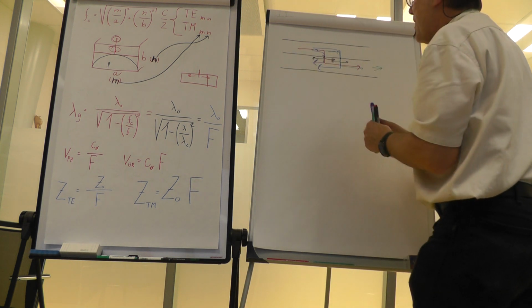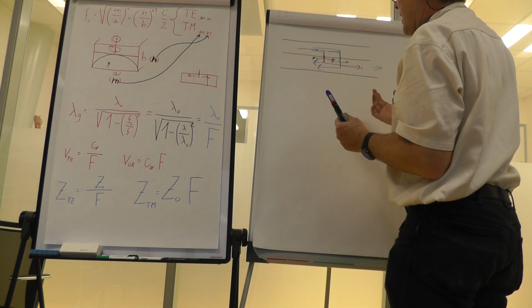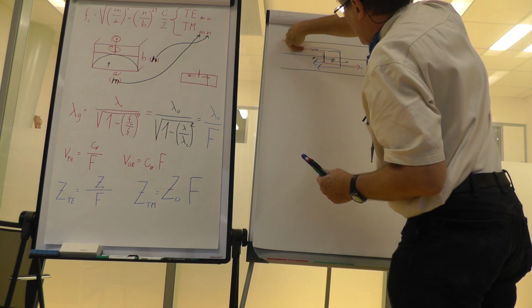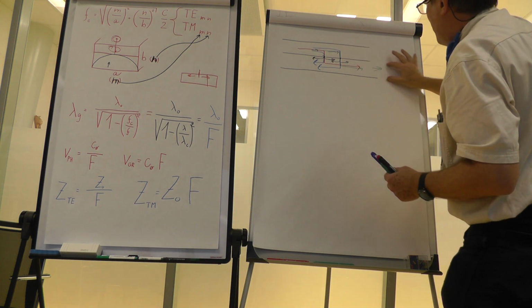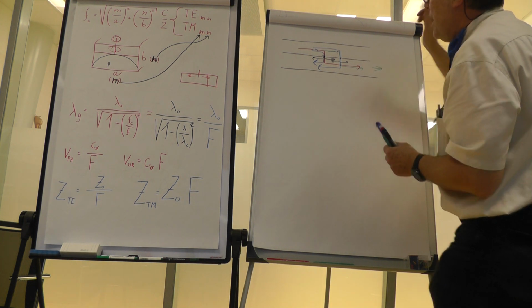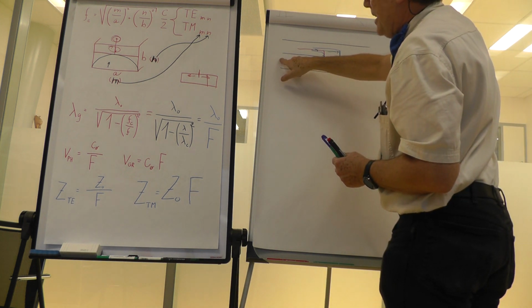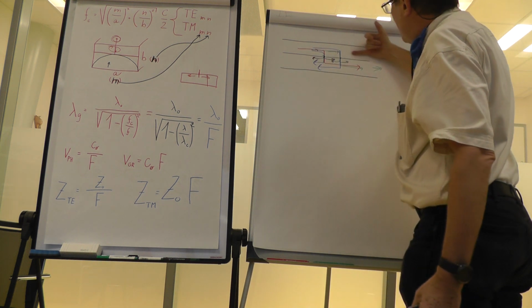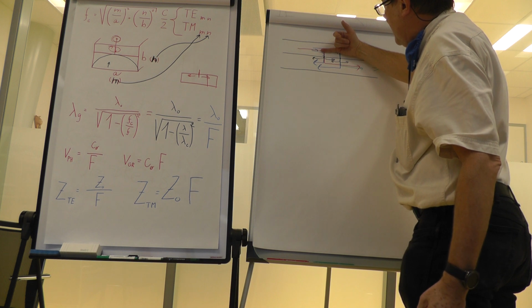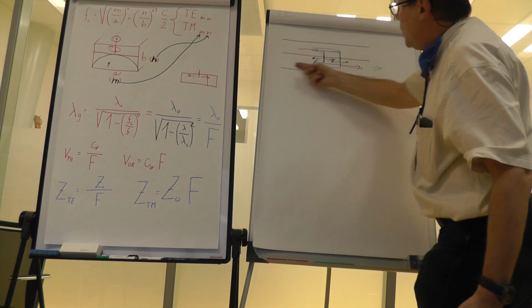So now we have a special device that, if the primary wave propagates this way, we have a small sample of that wave in this direction, but nothing in this part. On the contrary, if the incoming wave would come from this direction, it will not get here, but it would get here.